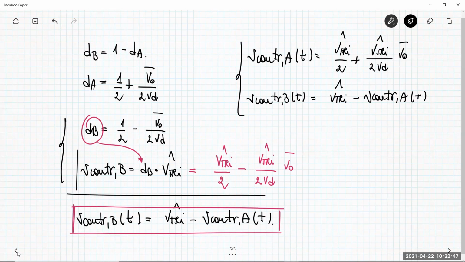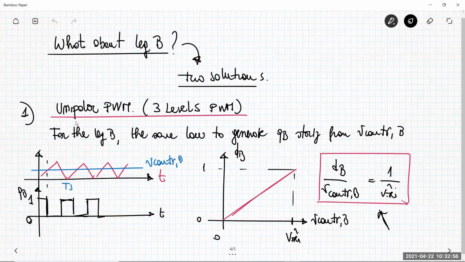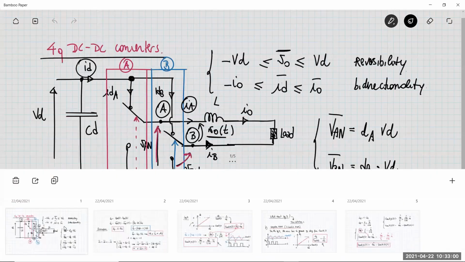So these are the two control voltages for the two legs that lead to what is called the unipolar pulse width modulator.